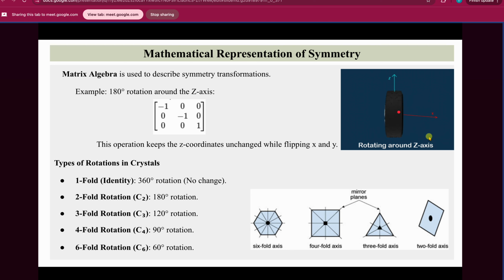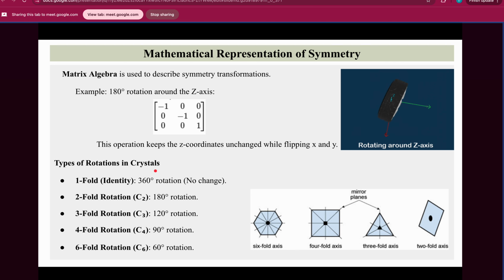This is just a representation in which the wheel is moving across the z-axis. The z-axis is fixed, while the x-axis and y-axis are changing. So the z coordinate remains unchanged while we are only flipping the x and y. Now x and y have become -1, whereas z is fixed at 1. This is just a representation of how we can represent it in the case of matrices.